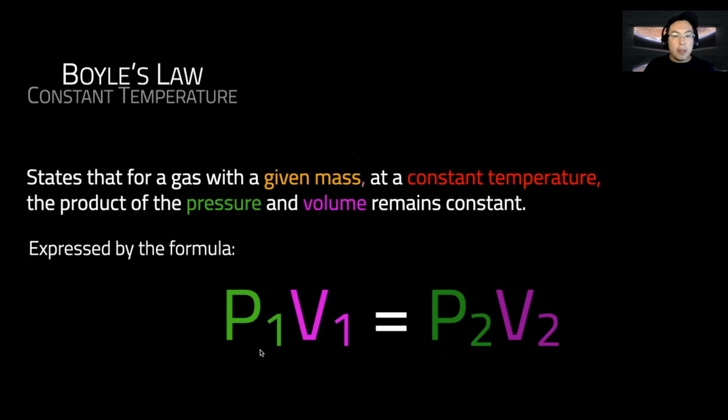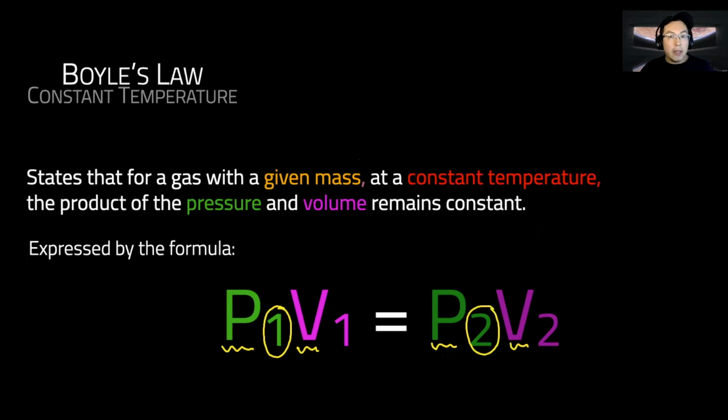Boyle's law is represented by the formula that you see right now on the screen. Notice here we have the same units of pressure on both sides and volume on both sides. What is the difference? They have a number here. This number represents the initial and the final pressure, so we're talking about a change.